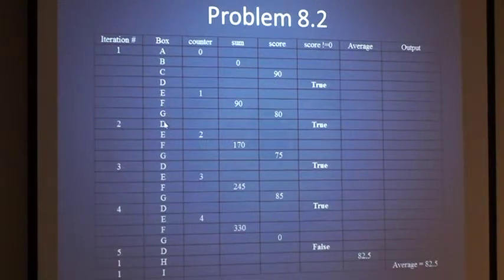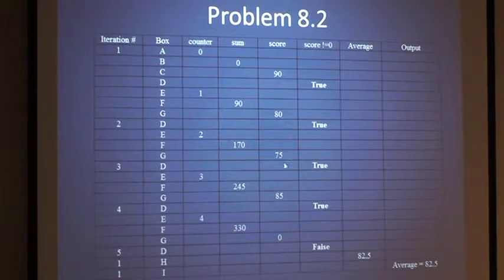Anyway, D, E, F, G repeats over and over, right? So one of them is read the score again, and that's the 80. I think this is correct. Just have to go through it very carefully and compare it to the flowchart.